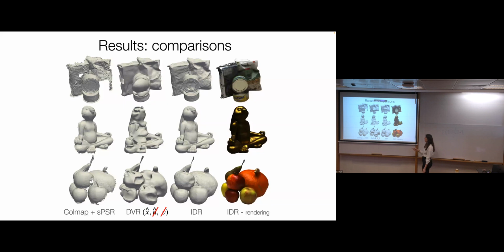DVR is a previous work. The main difference compared to IDR is that it modeled the renderer only as a function of the position. It has neither the view direction nor the normal, and you can really see the effect on the geometry. If you cannot model reflectance, you're going to compensate with the geometry.